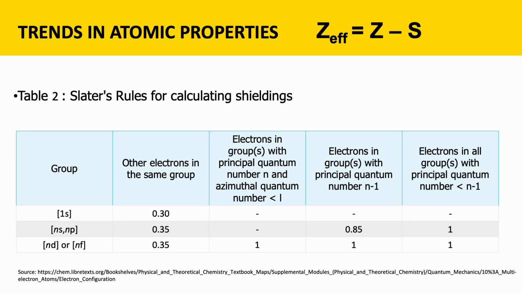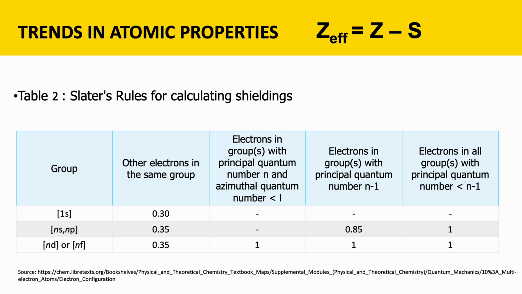For your ns or np group electrons, you would have a 0.35 value for electrons in the same group, and 0.85 for electrons having a principal quantum number of n minus 1, and 1 for n minus 2.